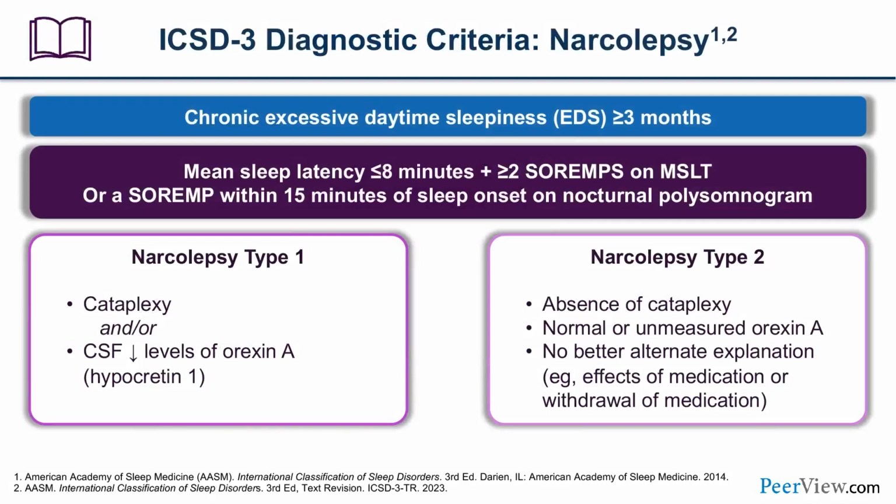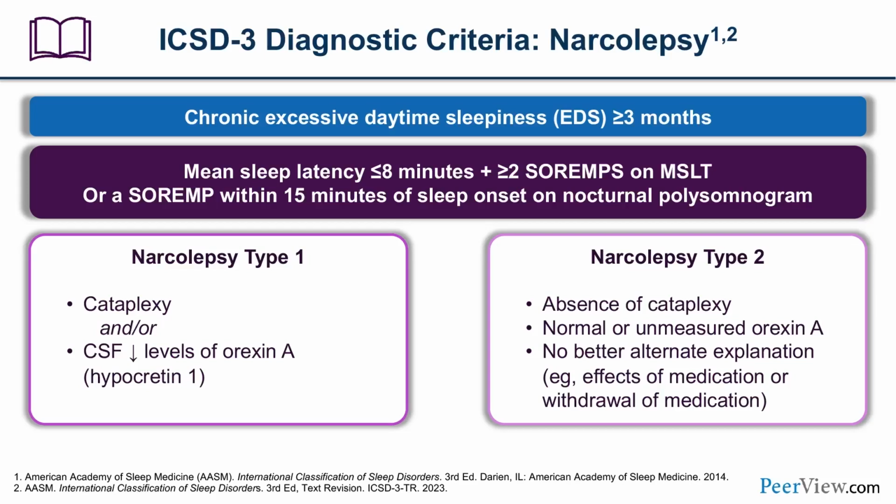So we've taken this pathophysiology and translated that into our nosology. And our nosology says that narcolepsy patients have chronic excessive daytime sleepiness. 3 months is chronic by our definition. And then we do a series of nap studies. Remember the graph of the normal and the narcolepsy patients and the sleepiness and the REM intrusion. So we do nap studies during the day.